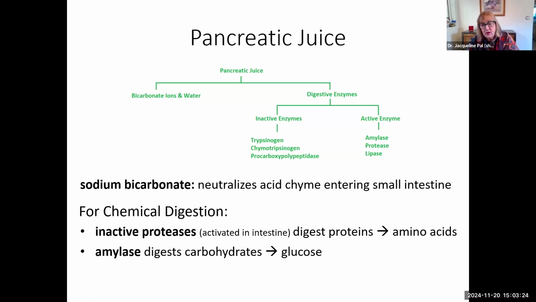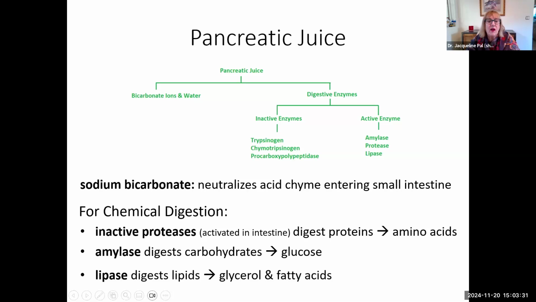Can also give us fructose and galactose. And then the other one that we haven't talked about before is lipase. Look at the word. Can you see the word lipid in lipase? So lipase is going to be digesting lipids into glycerol and fatty acids so we can absorb the fatty acids.